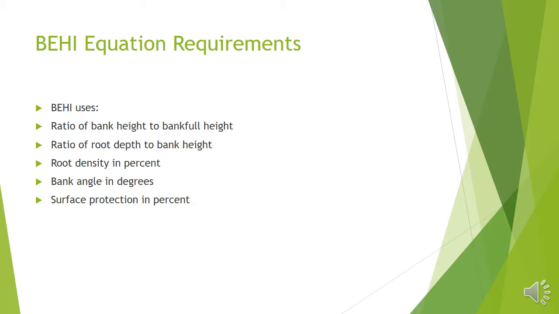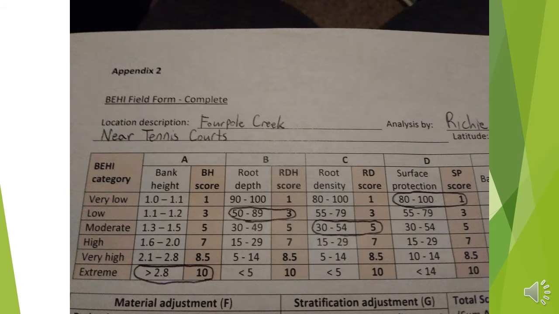For the BEHI equation requirements, it uses the ratio of bank height to bankful height, the ratio of root depth to bank height, root density in percent, bank angle in degrees, and surface protection in percent.